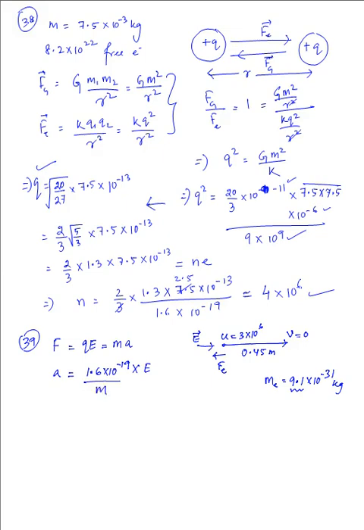We'll probably not use this value as of now. We'll keep it as e E or qE over m, so that we can use all those values at the last instance.